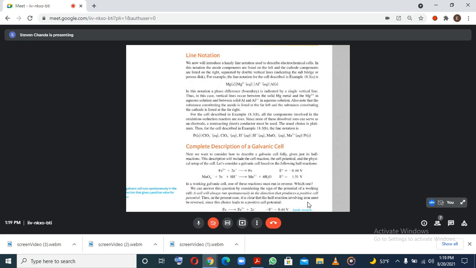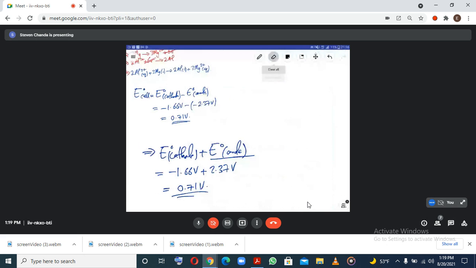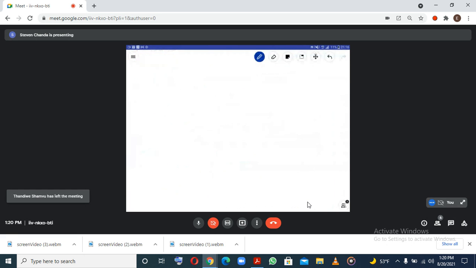What's important to take note of is what is on the left. Or maybe let's start the line notation from scratch. The line notation is going to vary depending on whether you've got platinum as one of your electrodes or not.